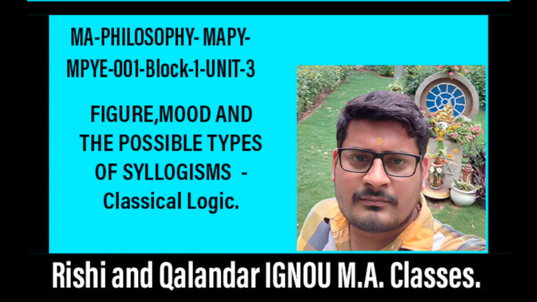The primary rules which govern sorites are the rules of the categorical syllogism only. Let us begin with the structure of sorites. In Aristotelian sorites, the first premise is minor, and the last premise is major.